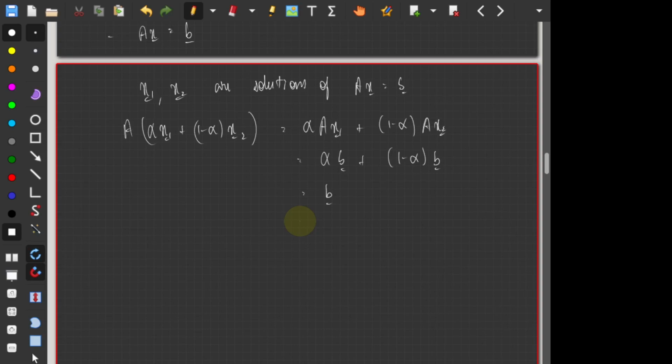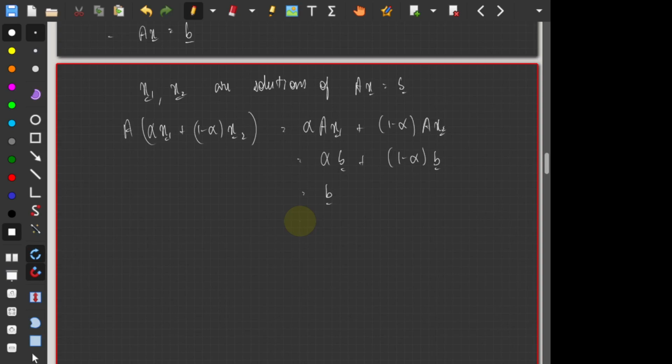Alpha can be any real number, right? It's not a convex combination. It's convex only if alpha is between 0 and 1. So this is what is called an affine combination.